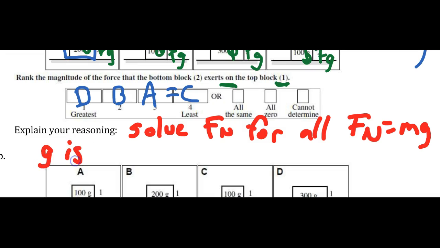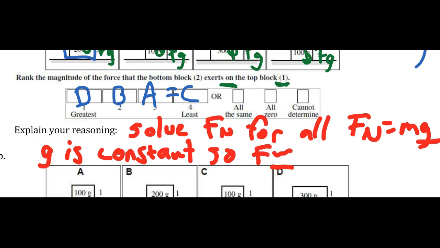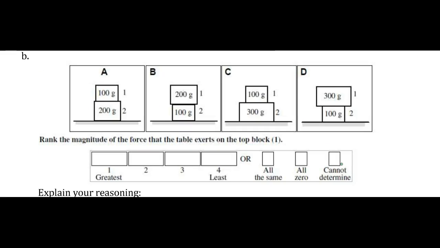G is constant, so I won't even factor that in. So Fn is proportional to the mass. More mass, more Fn.